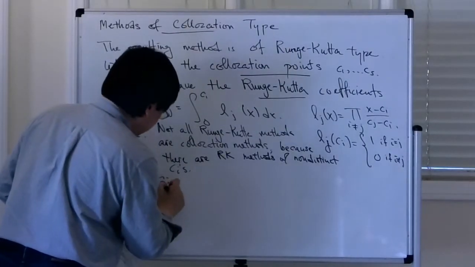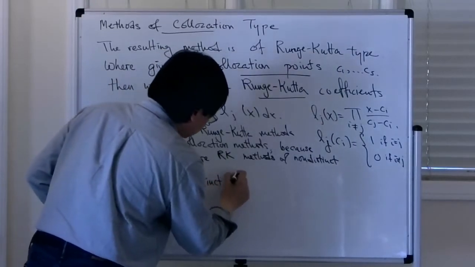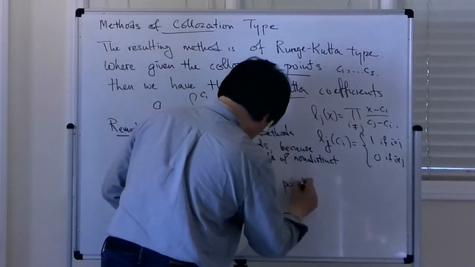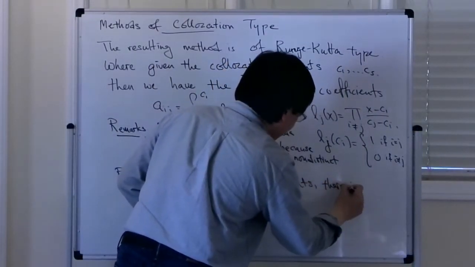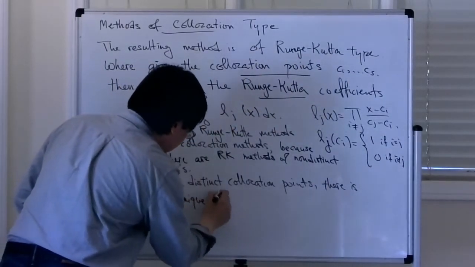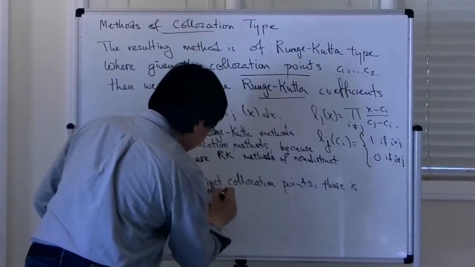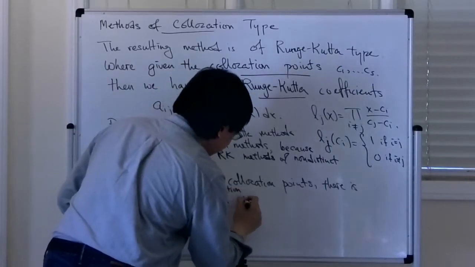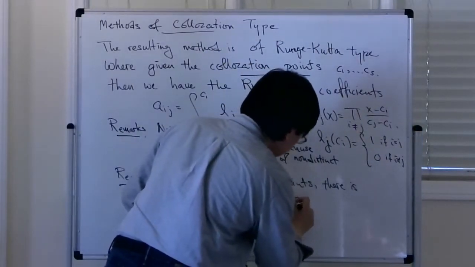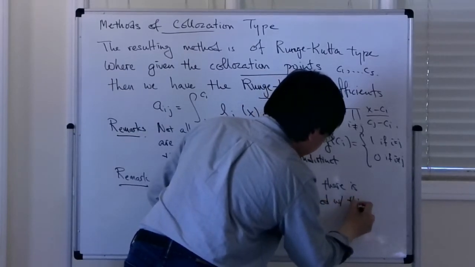So given distinct collocation points, there is a unique collocation RK method associated with this.